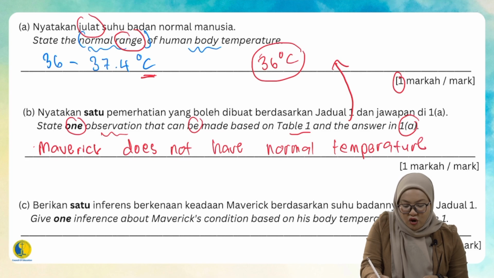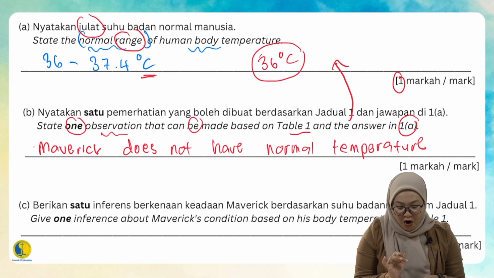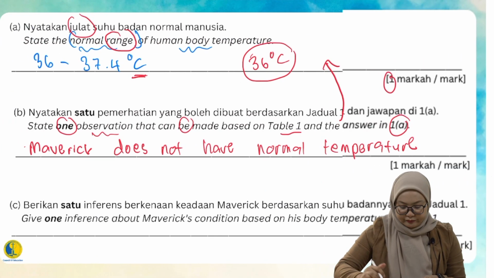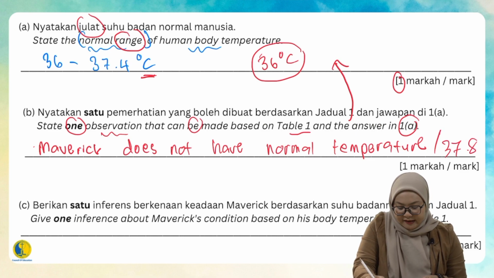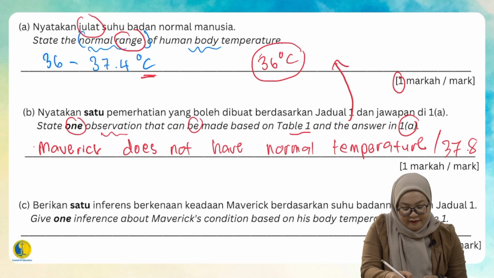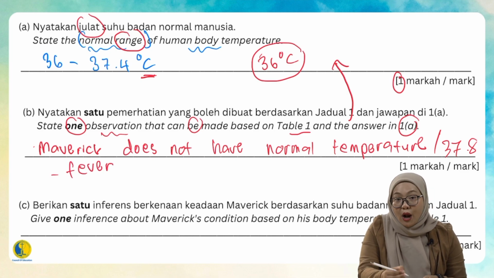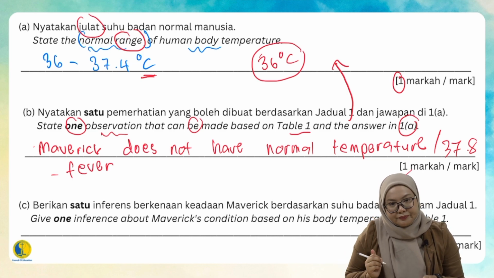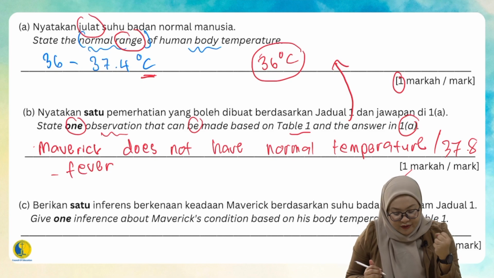His temperature, 37.8, is not normal, so 37.8 justifies that he currently has a fever. So 1 mark for a correct observation. Settle. Okay, the answer is there on the table. You just have to find and figure it out.